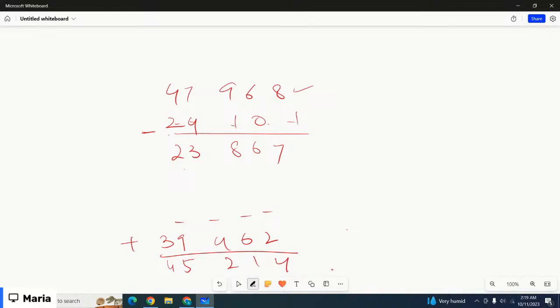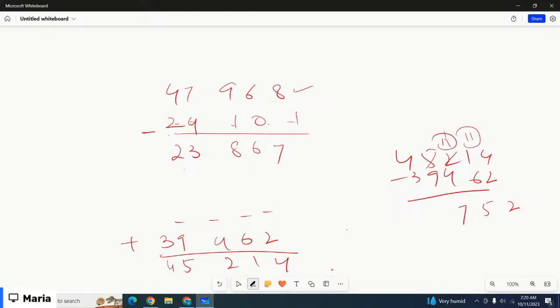So 45,214 minus 39,462, right? So when you subtract, that would be 4 minus 2 is 2. 11, let me check. 11 minus 6 is 5. 11 minus 4 is 7. 14 minus 9 is... 5,752, isn't it?